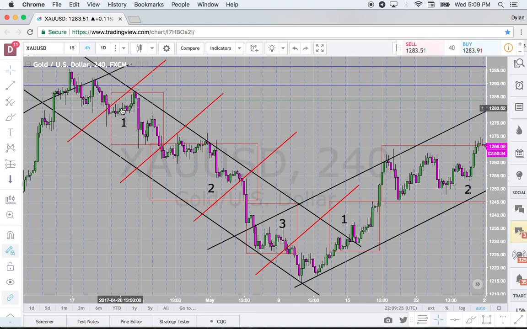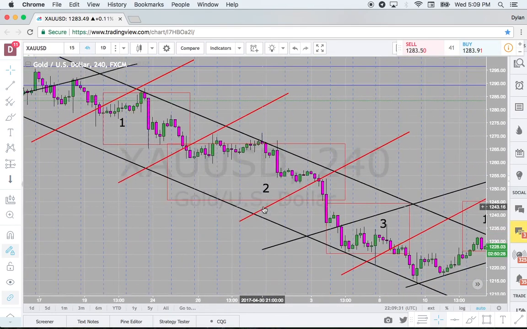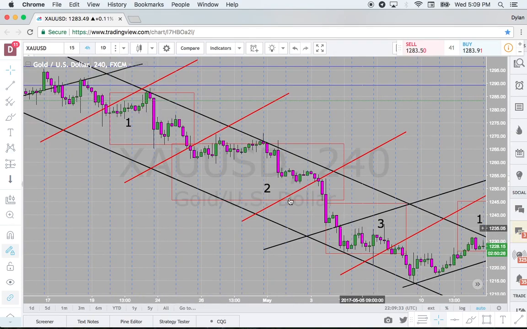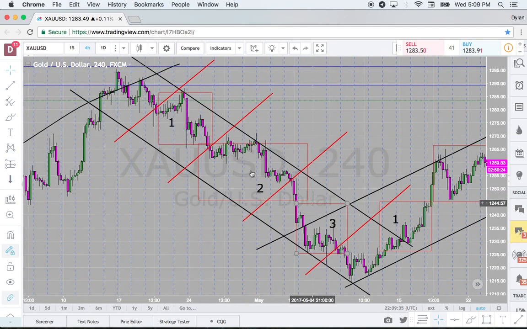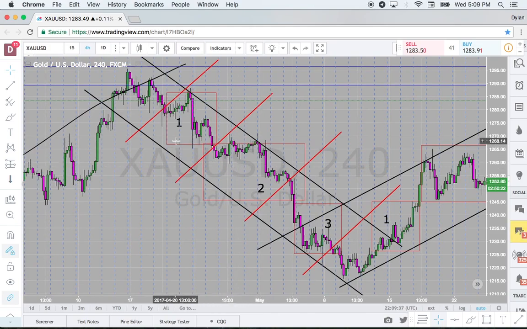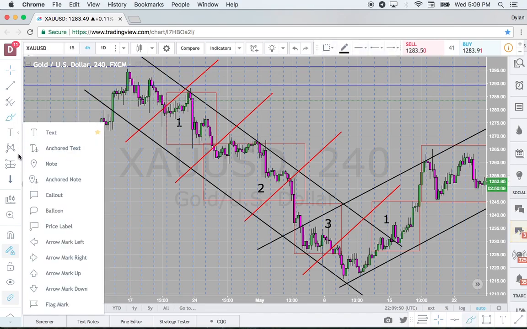So level 1, level 2, level 3. 3 levels in this downtrend. Now, what about this here? Well, this is what we call the peak. This is the peak fractal, or the peak of that level.